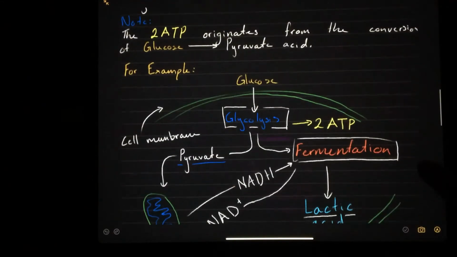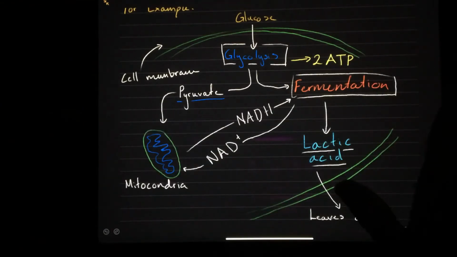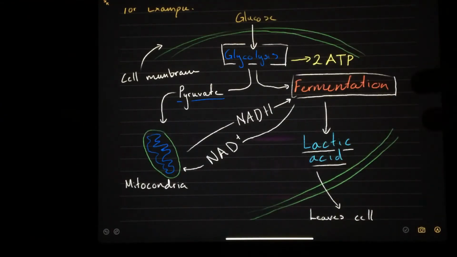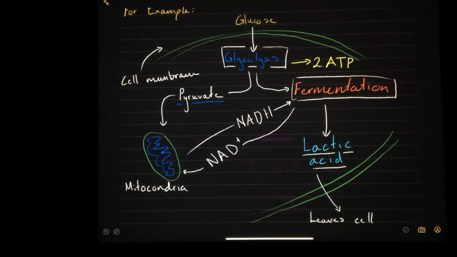Now, you don't have to know this either, this is just a small visual as to how this undergoes, but basically, glucose enters the cell, the cell breaks it down into glycolysis.